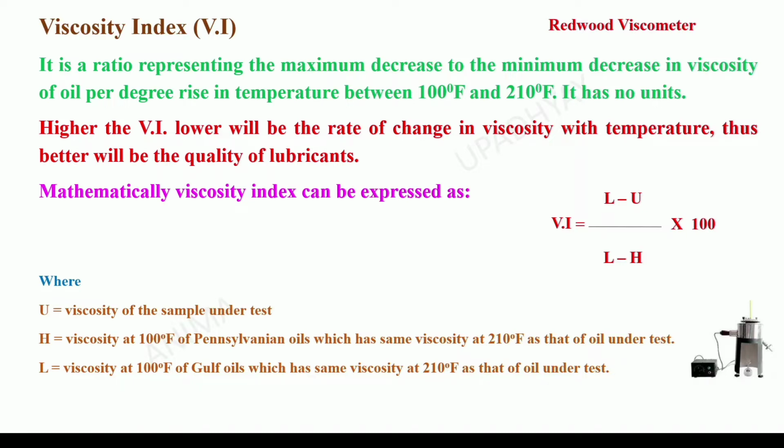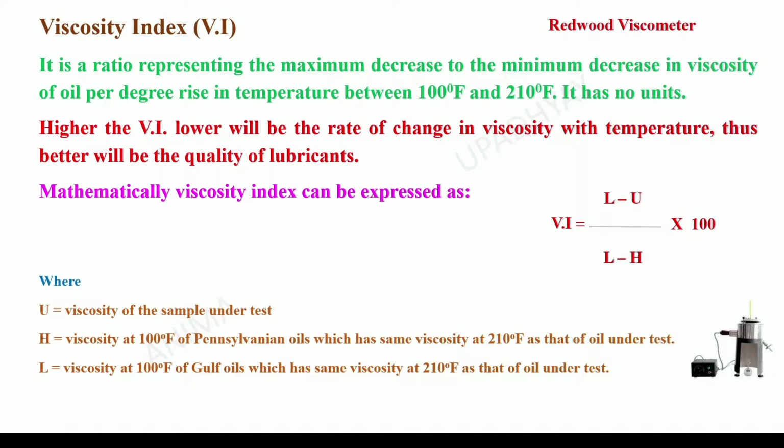Mathematically, viscosity index is expressed as shown here in the formula: VI = (L minus U) divided by (L minus H), multiplied by 100, where U is the viscosity of the sample under test.